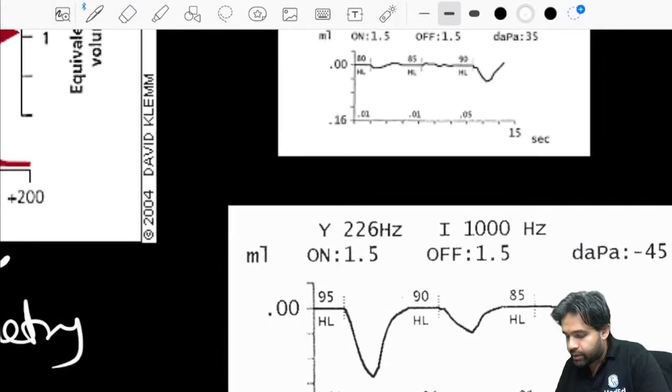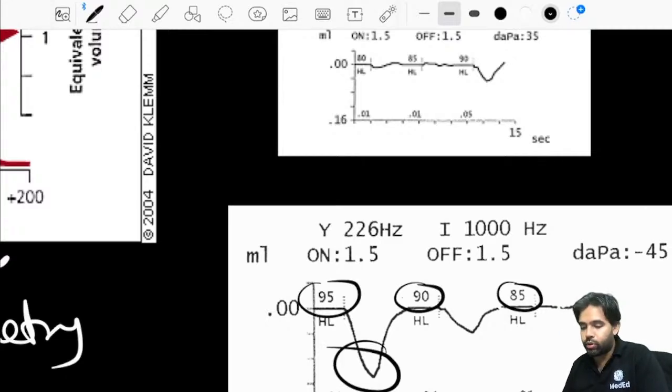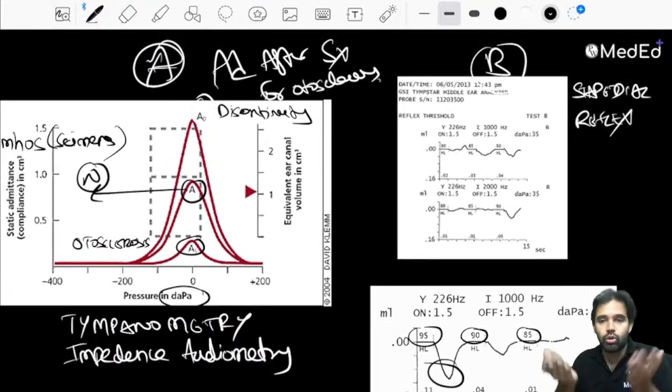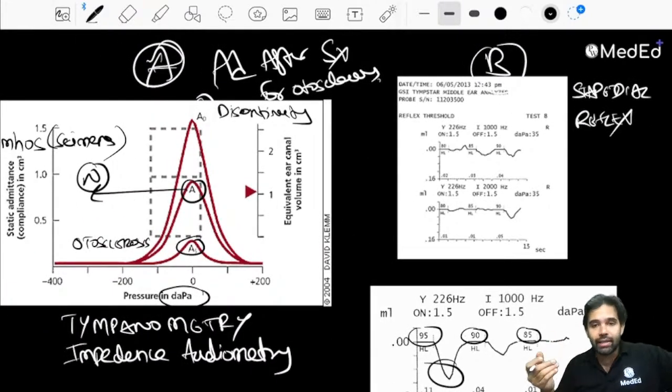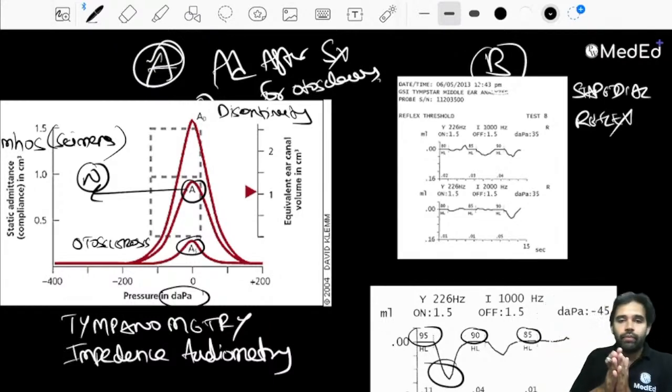You can see that between 90 and 95 you are seeing the stapedial reflex. Before that you are not seeing it. So that means the threshold of the stapedial reflex has increased. Normally you will see it at the 80, 85 mark.